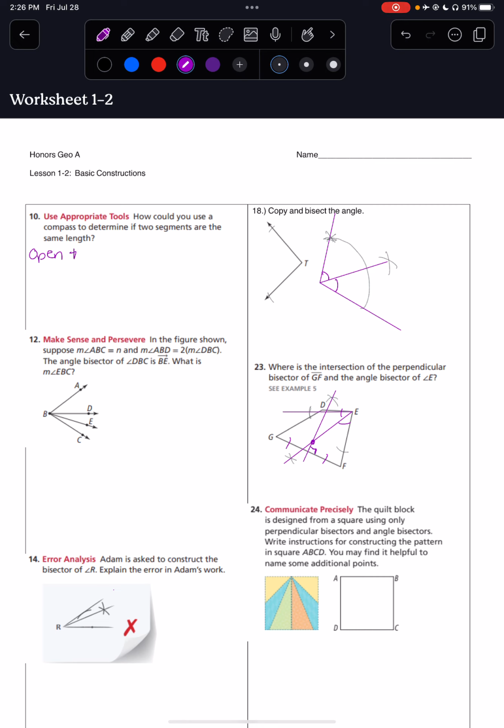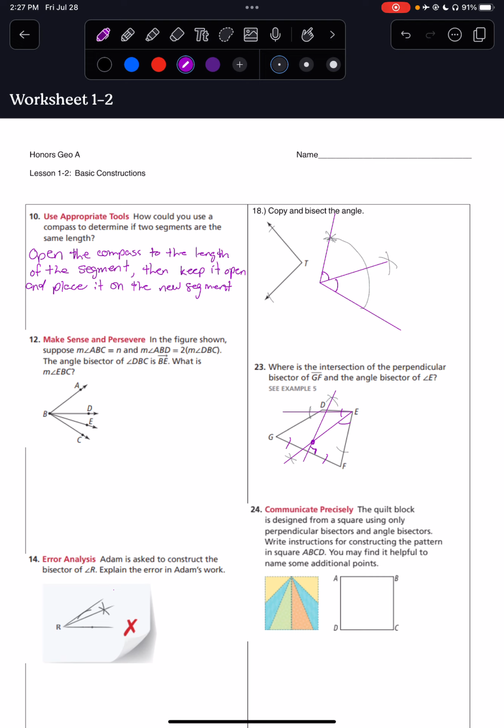Open the compass to the length of the segment. Then keep it open and place it on the new segment, just like to see if it matches, right?